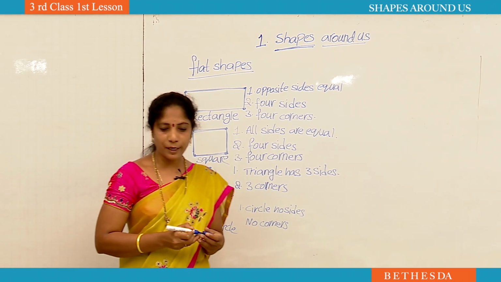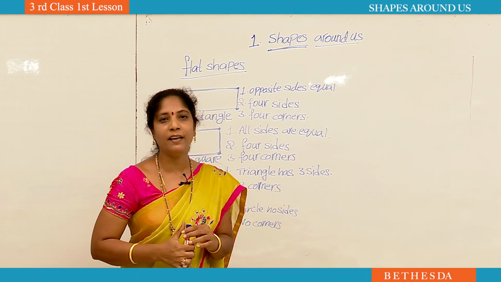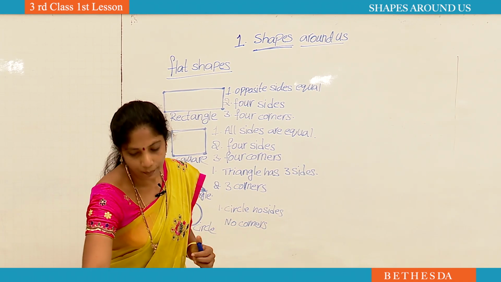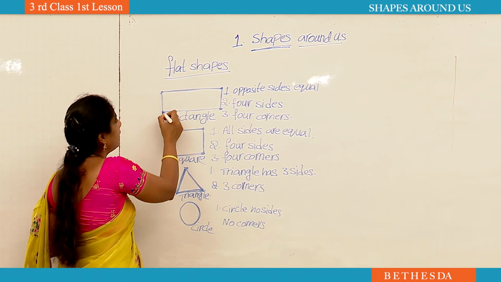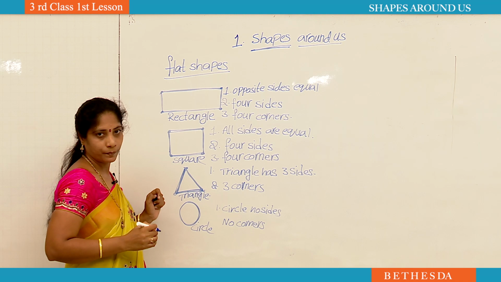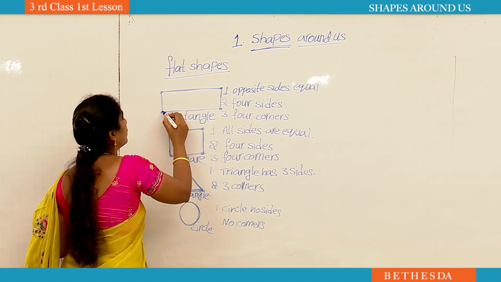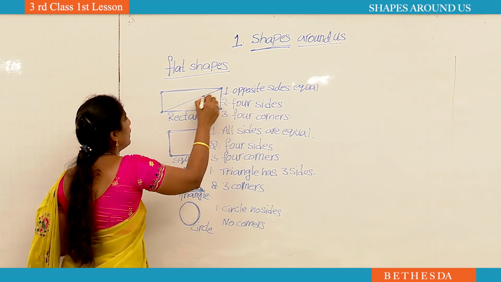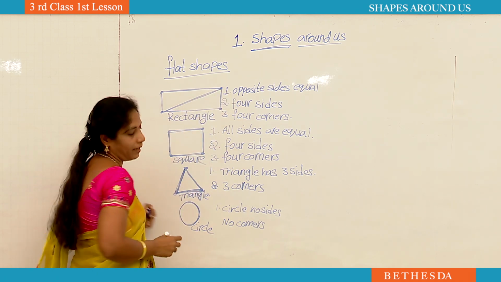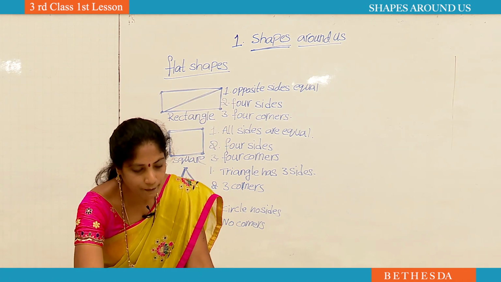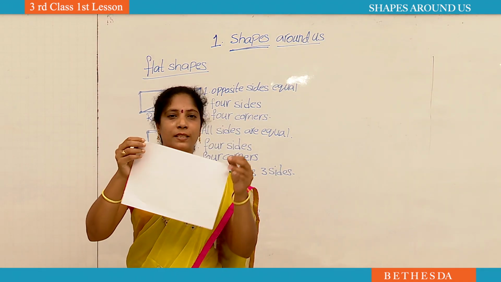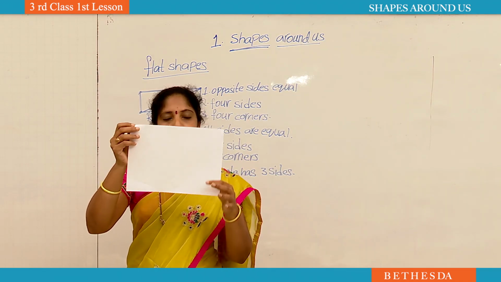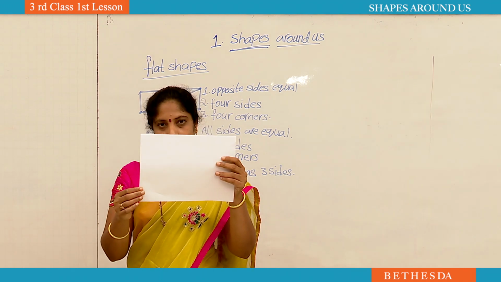Now for these flat shapes we are going to find out the diagonal. What is meant by diagonal? If you observe the rectangle, it has 4 sides. For example, this is the rectangle. In a rectangle we have 4 corners.